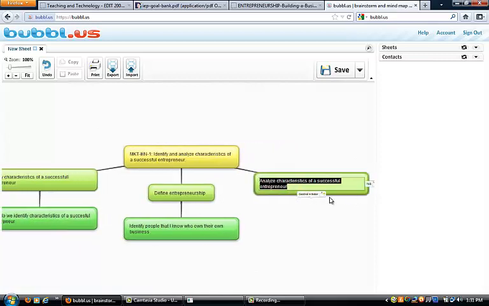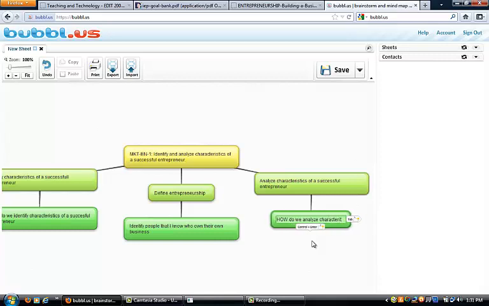And come over here and turn that into a question. How do we analyze characteristics of a successful entrepreneur? And we can also rewrite this question as who do I know that's a successful business owner?